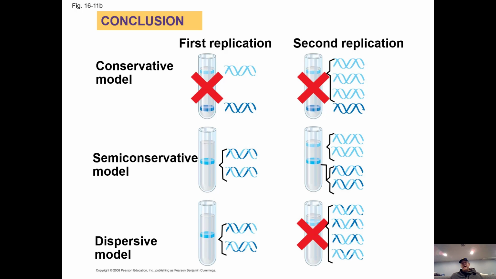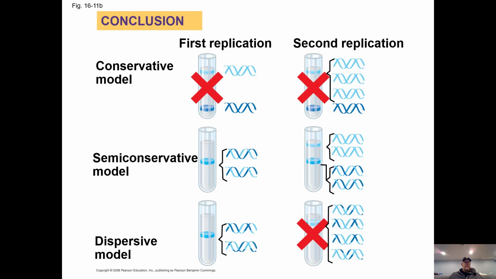So by virtue of the fact that the first replication in nitrogen 14 only gave us one band, that allows us to get rid of the conservative model, but it doesn't allow us to get rid of anything else. After that second replication with the semi-conservative, you expect another medium band, but then a light band.